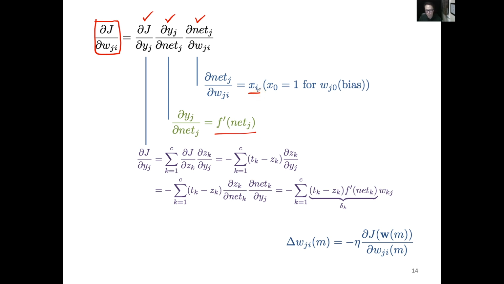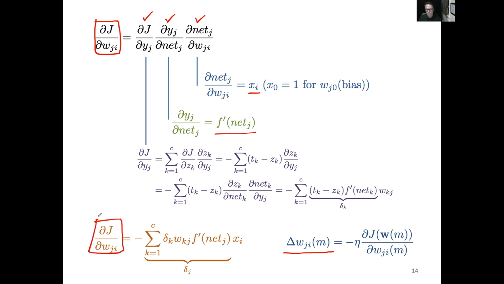So when we put everything together, that is partial J, partial wji, these 3 terms multiplied together, that is this term. Okay. Now once you find partial J, partial wji, we can find the adjustment, the increment delta wji, that is minus learning rate times this term.